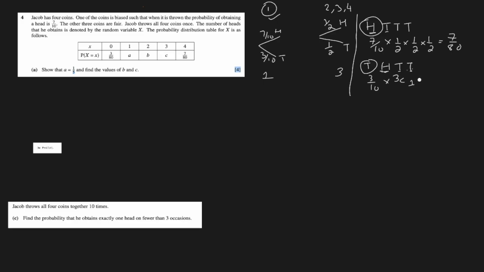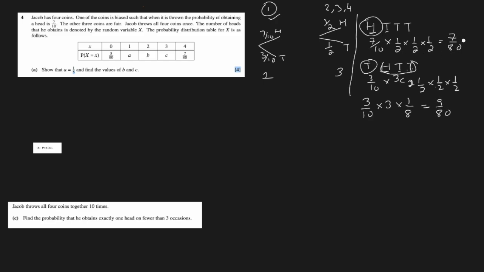The probability of this combination will be half times half times half, because the first head is half, this tail is half, this tail is half, and because of 3C1 we are changing the position of the head. So we get 3/10 multiplied by 3 multiplied by 1/8. 3C1 is 3, so 9/80.